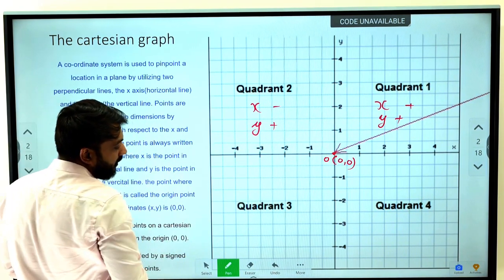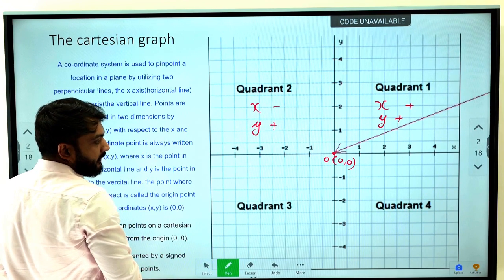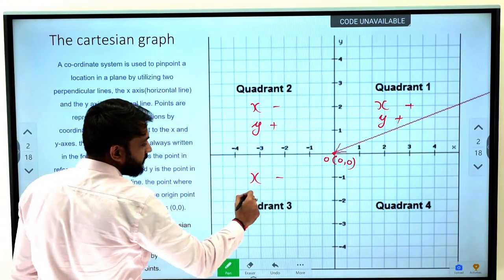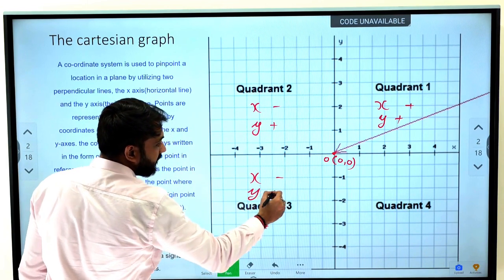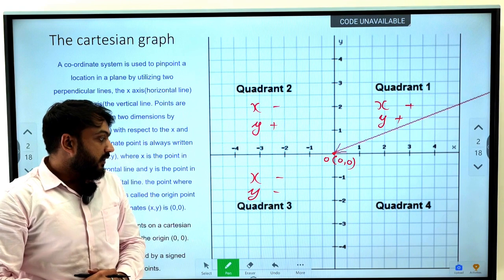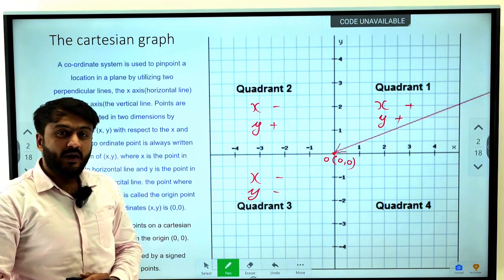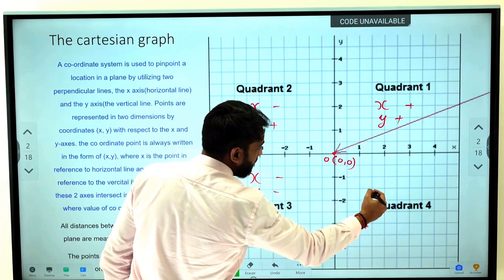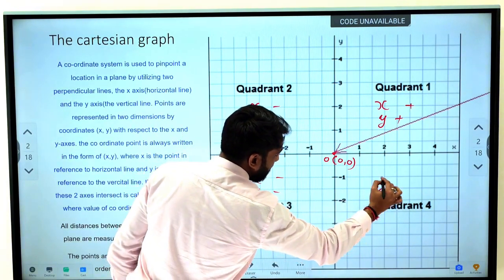Quadrant 3 or left bottom, right here, because it's on the left hand side of 0, you will see negative values on the x-axis, and because it's towards the bottom of 0, you will see negative values on the y-axis too. Quadrant 4 is towards the bottom of 0, so y values will be negative.